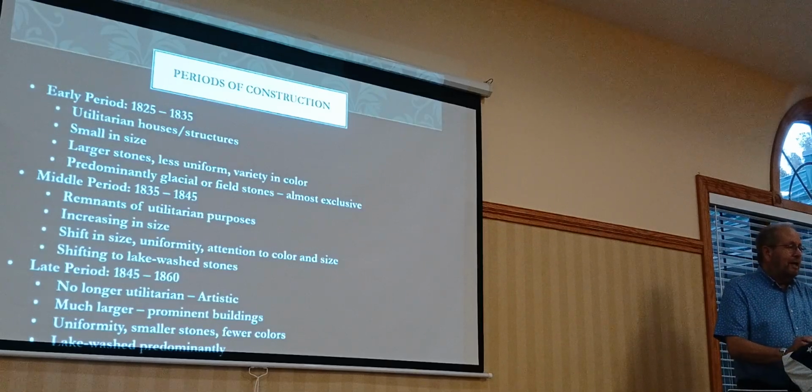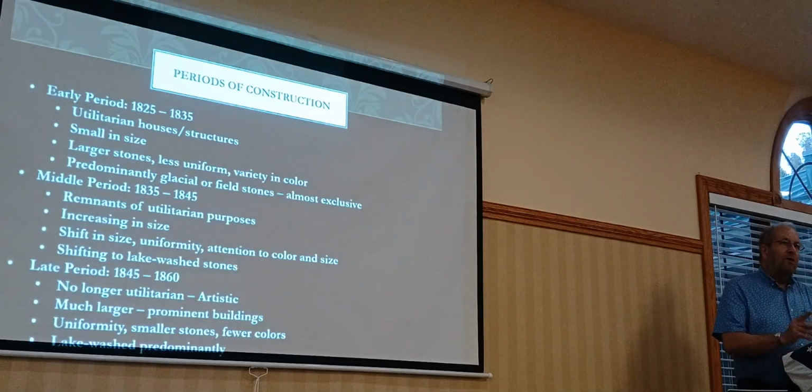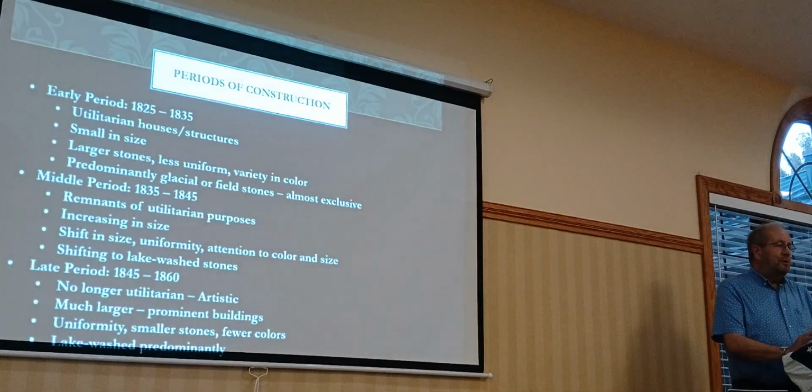So all the cobblestone buildings that you see in western New York basically were built over a 45-year period. As you proceed through time, the buildings became much more, the early ones were very utilitarian, very simple, usually small structures, limited to what would take place in those buildings.